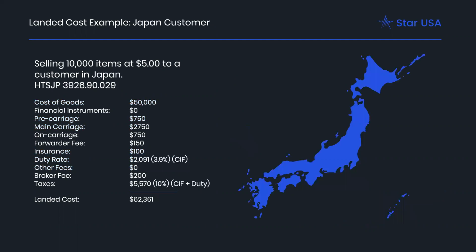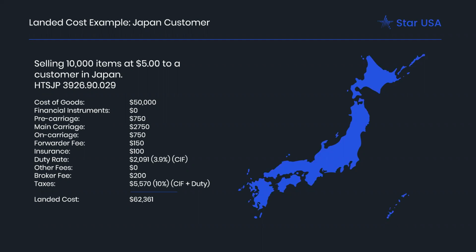We're going to contrast that against a sale to a customer in Japan. Same 10,000 items at $5 a pop, same HTS number going to Japan. Cost of goods is $50,000, pre-carriage $750, main carriage $2,750, on carriage $750. The same fees. The duty rate is 3.9% calculated on the CIF value.